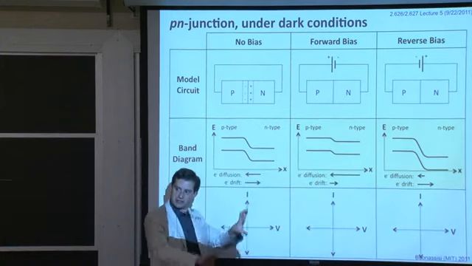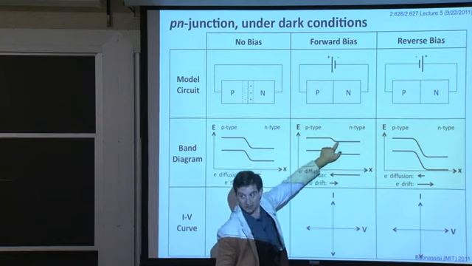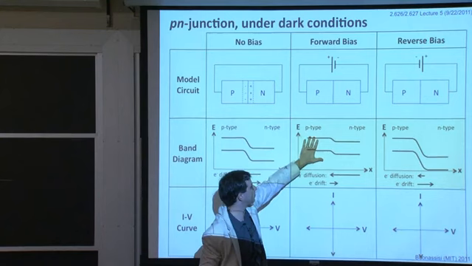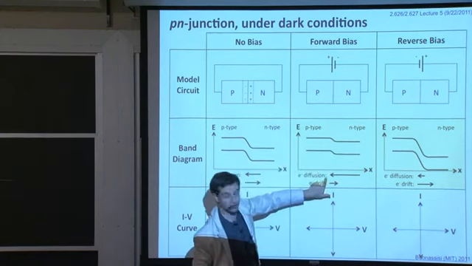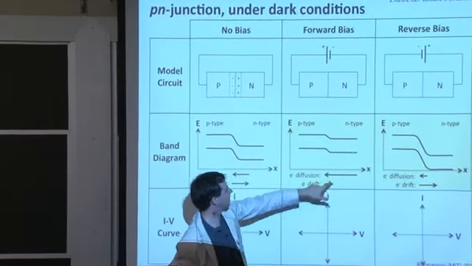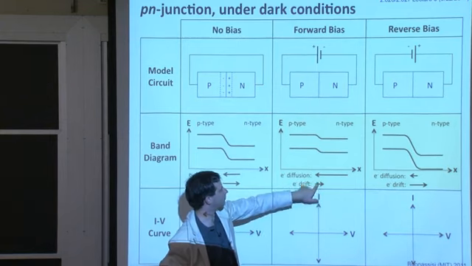We have the bands shifting in this direction. Now the energy barrier for the electrons to overcome, to go from the region of high concentration to the region of low concentration, is smaller. And you'll get a larger diffusion current as a result. More electrons will be moving over from the n-type silicon into the p-type silicon, and the drift current will be smaller. Notice here the balance of the two.